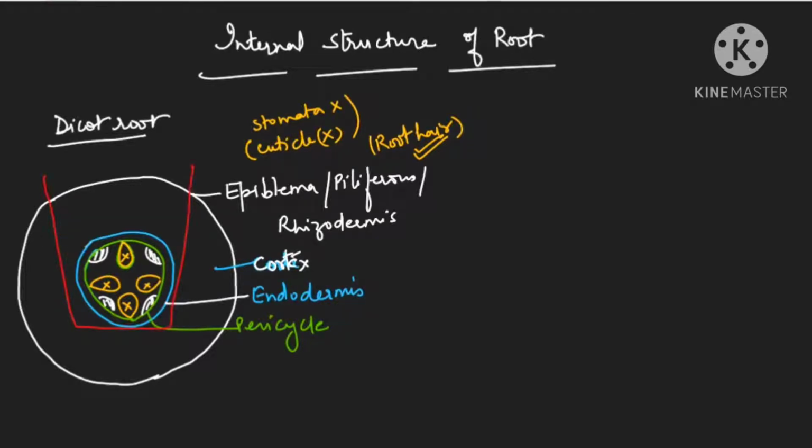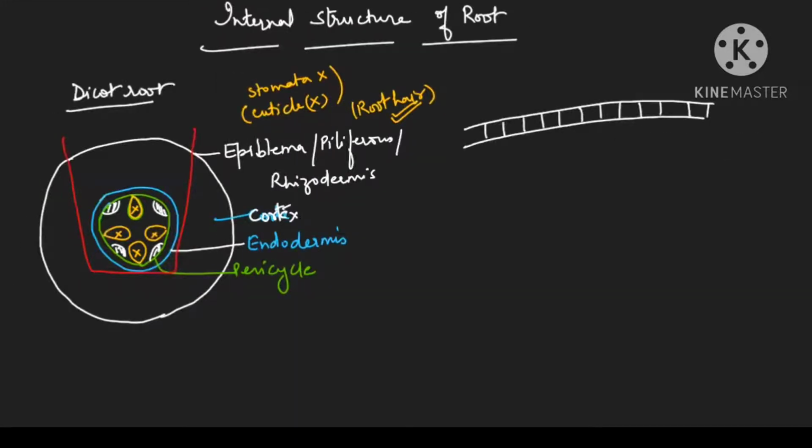Check my diagram now, this side. See, this is your epiblemma or piliferous layer, which is only one layered. The cell which gives rise to root hair is known as trichoblast.